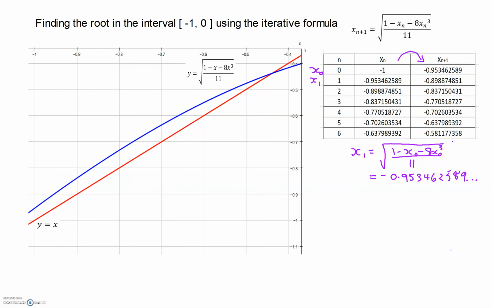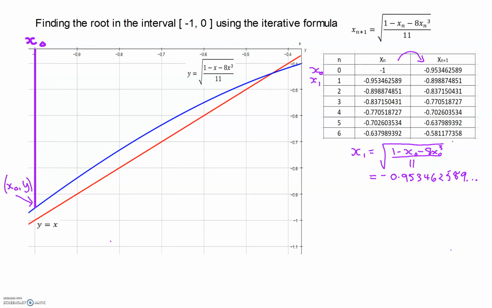We're going to start with our value of x0, which is here at -1. And we're going to draw a line from there to our blue curve. And what we're going to do there is look at this point here, and this is the point x0, y.